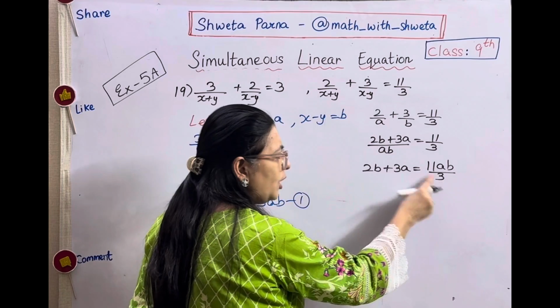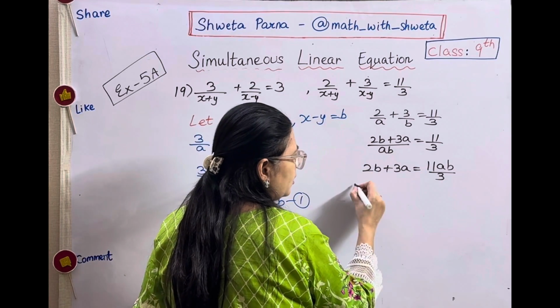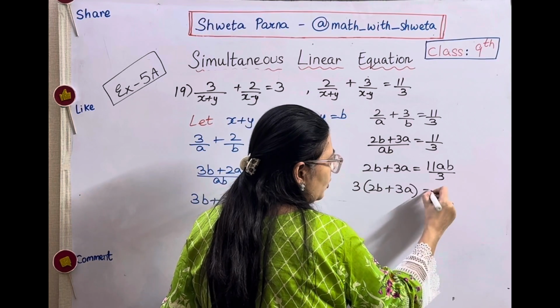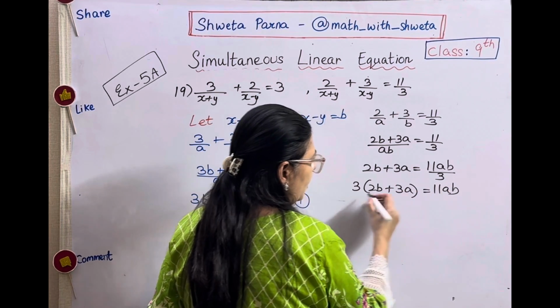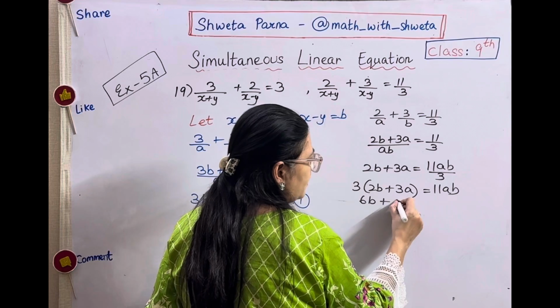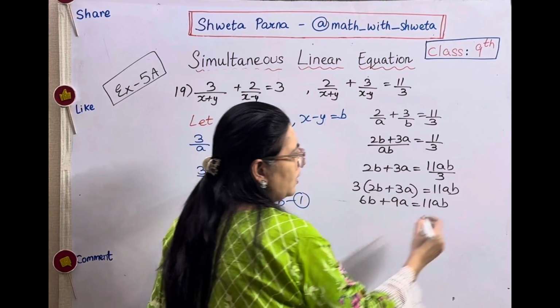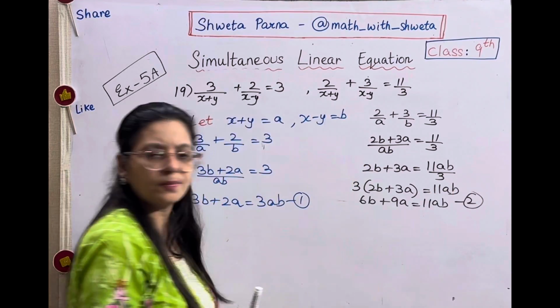Now this 3 you can bring here. So 3 into 2B plus 3A is equal to 11AB. So 6B plus 9A is equal to 11AB. This is your second equation.